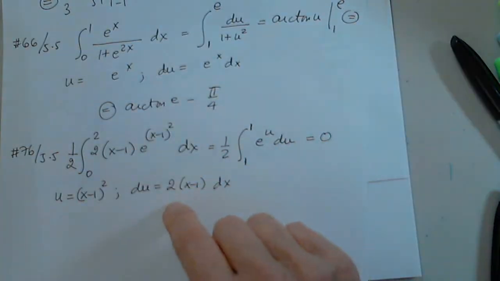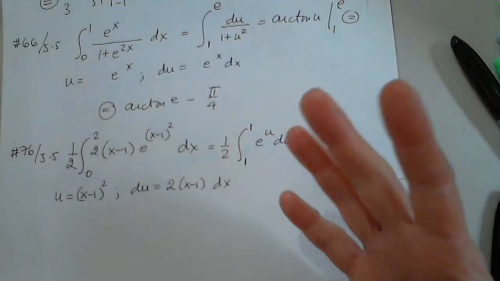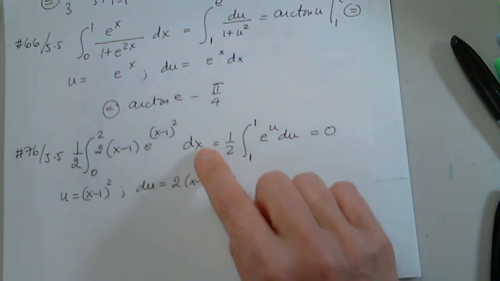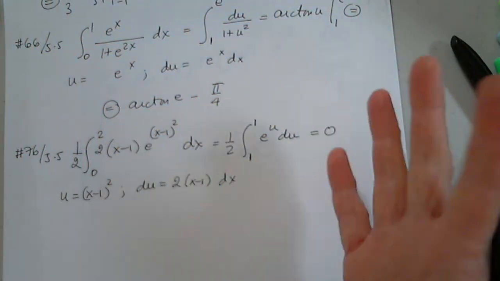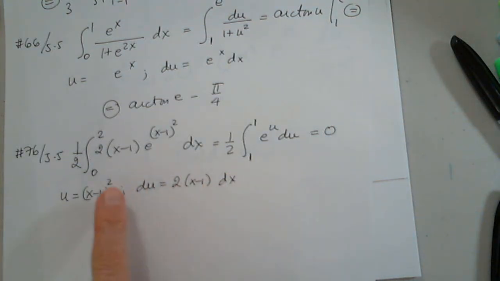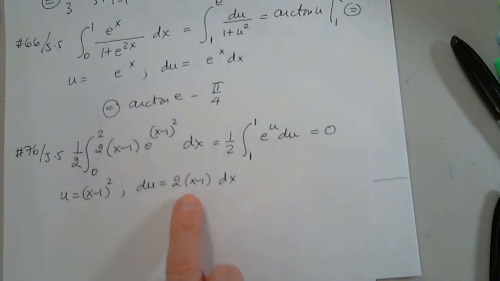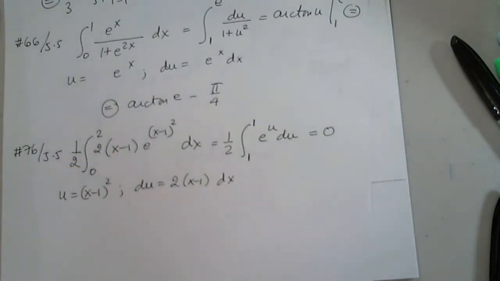What I like to do with the simple examples is not go through the headache of solving for dx and simplifying. I can see what this is. I only need the 2, and 1/2 and 2 will be 1. But that's another way, a roundabout way for simple integration.